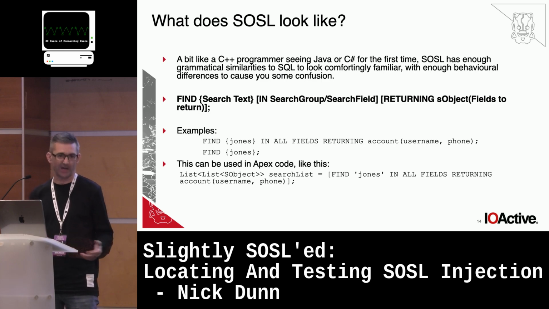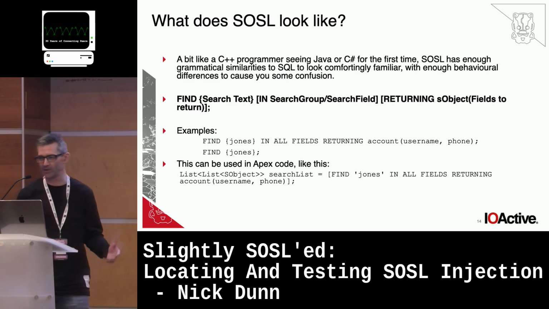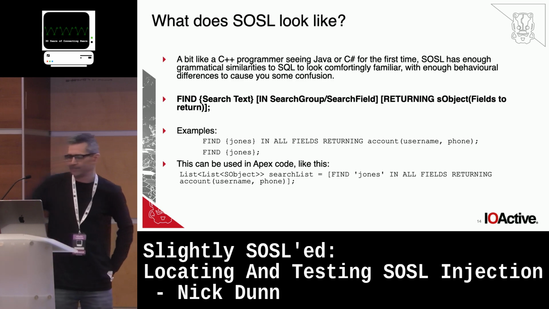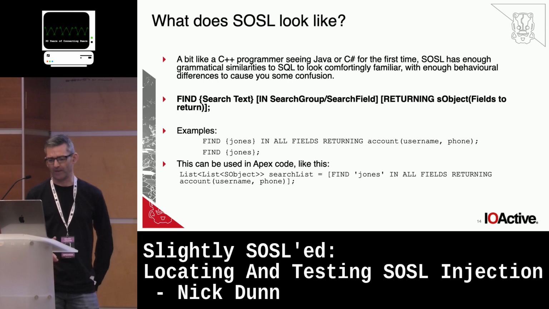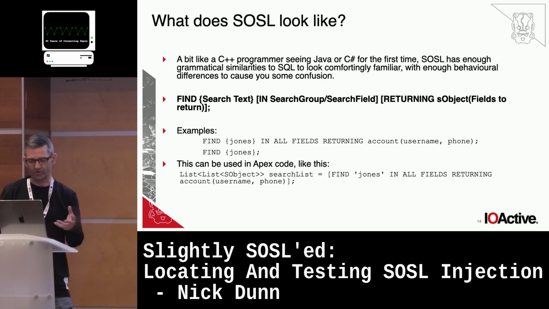So as I've said there, if you're a C programmer, the first time you see Java, there's enough familiarity for it to kind of make sense and enough differences for it to be immensely confusing. But basically it has these sort of constructions.